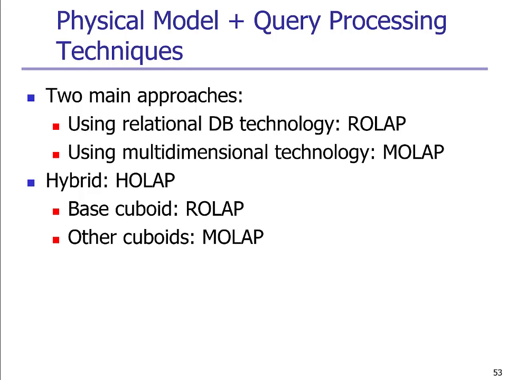One is using relational database technology, and one is using multi-dimensional technology. There are also hybrid approaches, where for the base cuboid we use relational database technology, and for other cuboids we use multi-dimensional technology.